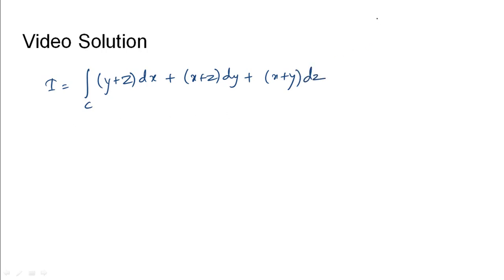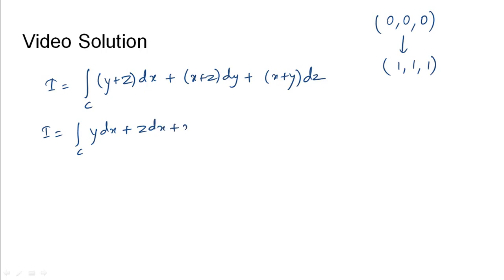Firstly, we need to integrate it from origin to the point (1, 1, 1). Let us expand this integral. We will get y dx plus z dx plus x dy, z dy, x dz and y dz.